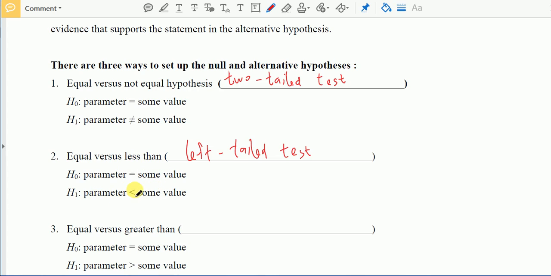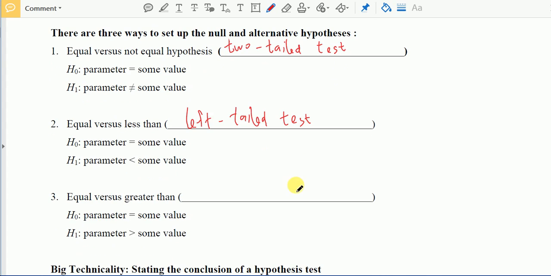So you claim that your value is less than the given value, and you call that the left tail test. And this is the trick: look at the way of the arrow. If it's pointing to the left, you are using the left tail test. And if you claim that it is greater than the given value, then you call that the right tail test.